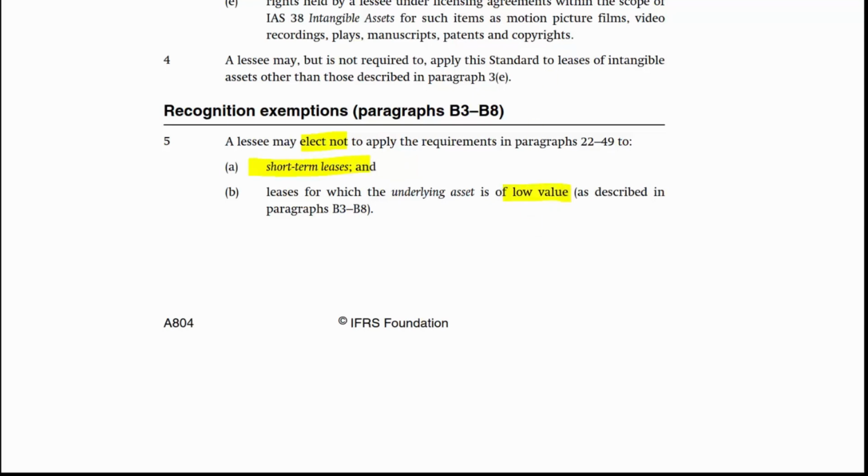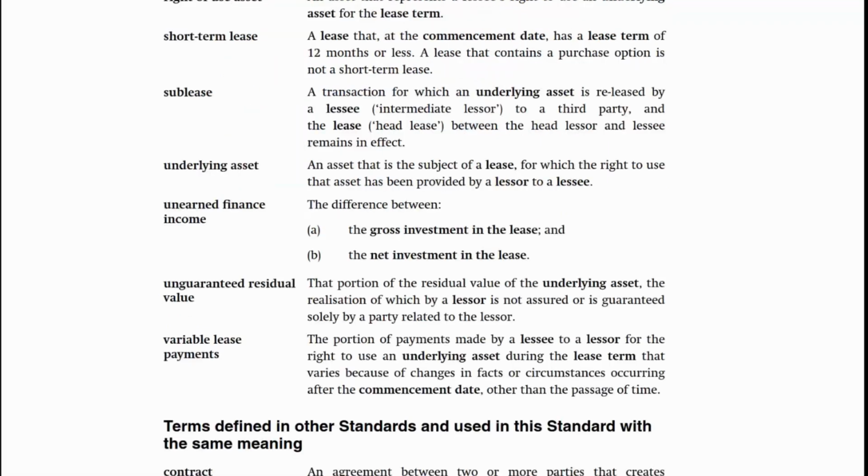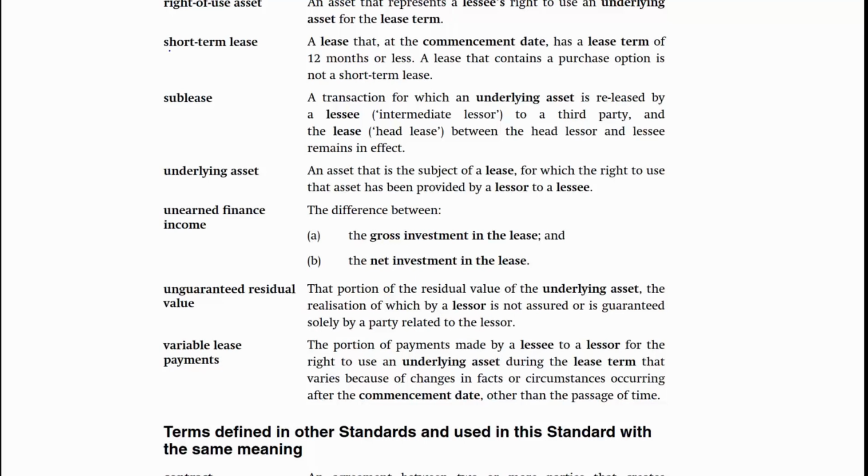So what does it mean by short-term leases? So here are the definitions. And a short-term lease is where we have a lease term of 12 months or less. So that doesn't apply in this case, does it? Because we've got a 3-year lease. And then the second condition was whether it is of low value. And I think we can agree from the figures they've given us that this is not a low value lease.